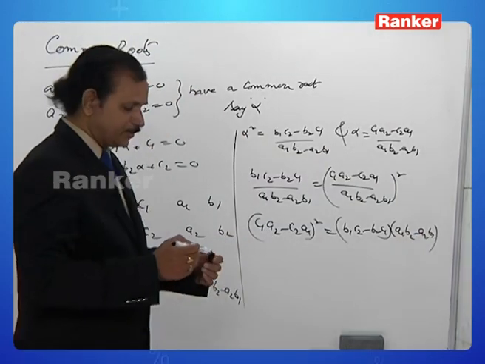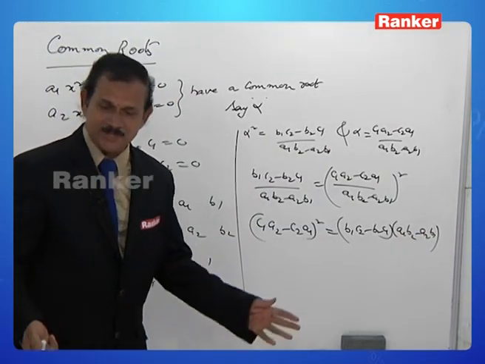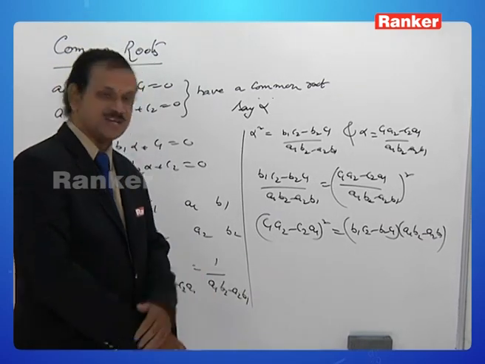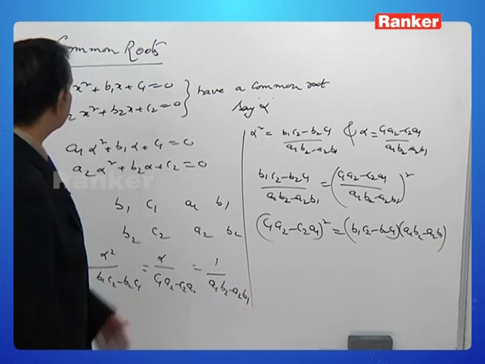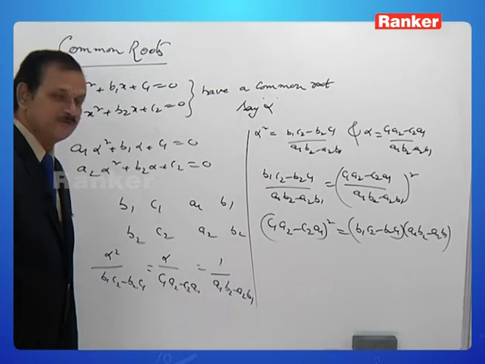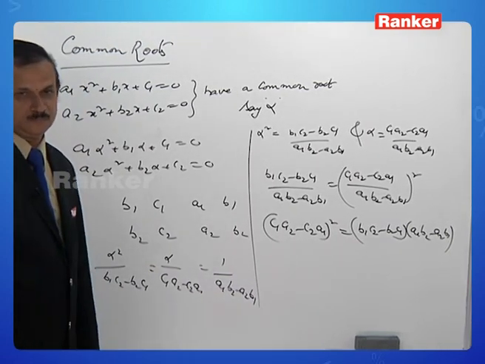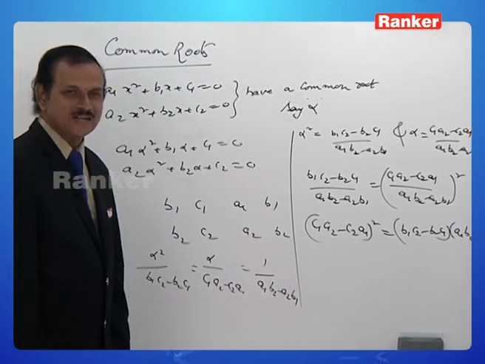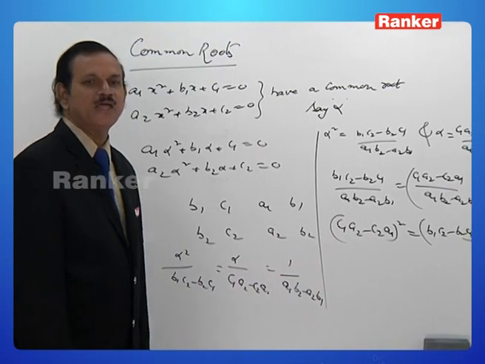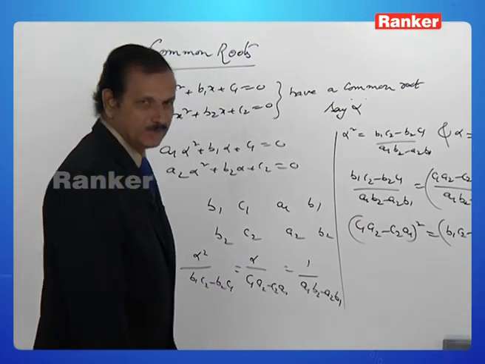If you want to remember it, write it, practice that, it will be so lengthy: c1a2 minus c2a1 whole square is equal to a1b2 minus a2b1 into b1c2 minus b2c1. It's not so easy. In order to recollect that, let us now develop a new, simple mechanism.